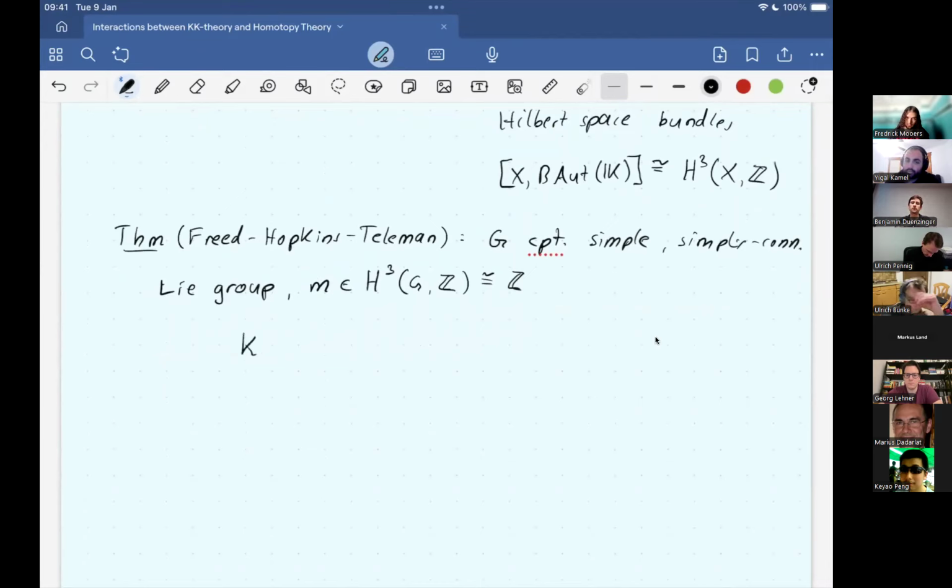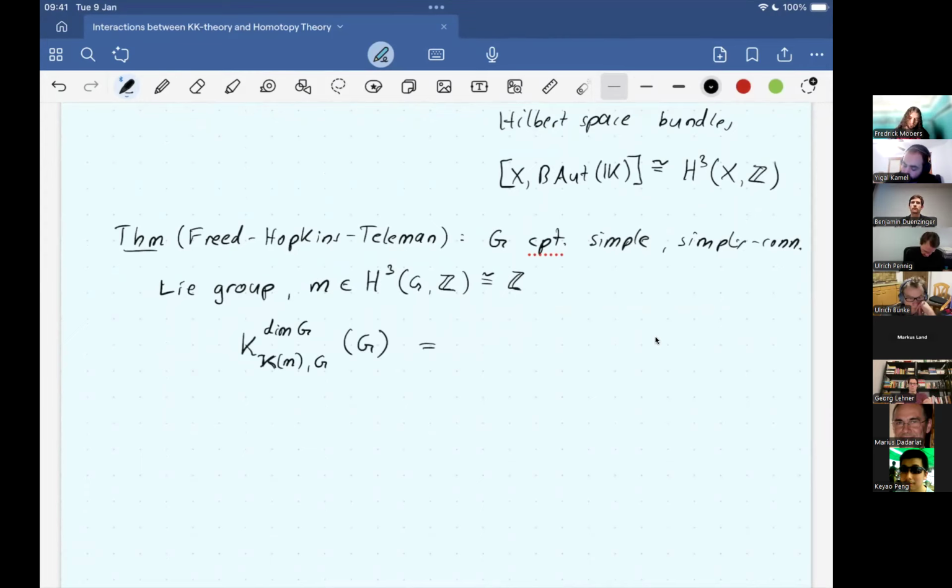I can look at twisted K theory in degree given by the dimension of the group, with a twist depending on this integer, which I will just denote by, I don't know, curly K_m, and then equivariantly for the group as a topological space where the group acts on itself by conjugation. So that's one side.